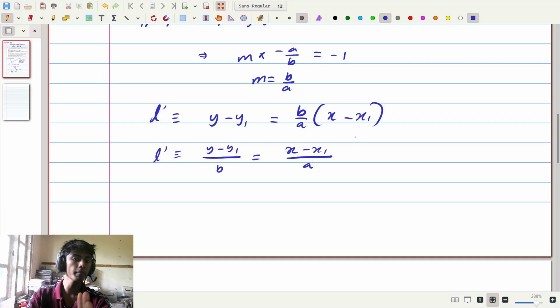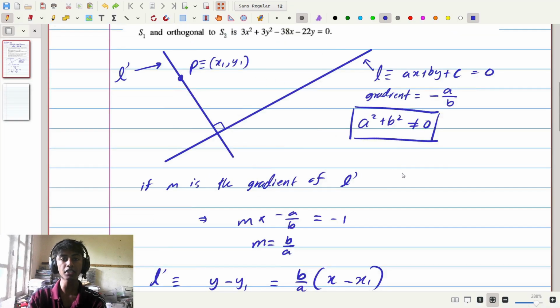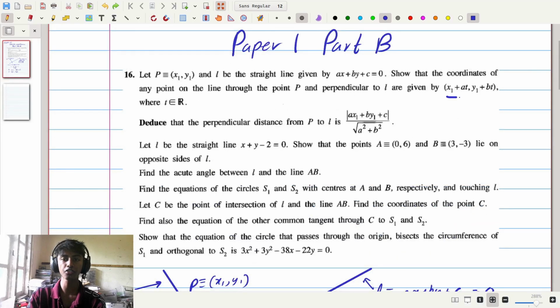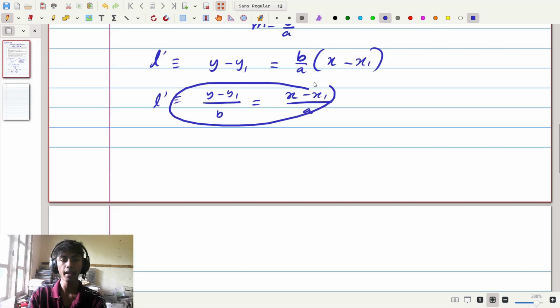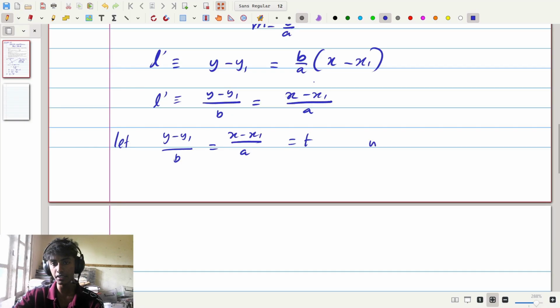Now the reason you divide by b here is because we need this form in order to get the parametric equation that they're asking from us in the question. So now what we have to do is to take this form and simply say let, and write this whole thing again, y minus y1 divided by b equal x minus x1 divided by a, and then we have to write equals t, which is a parameter where t is an element of the real numbers.